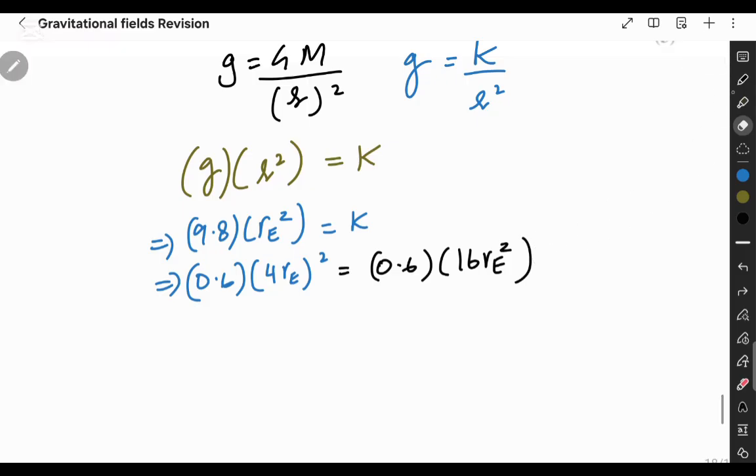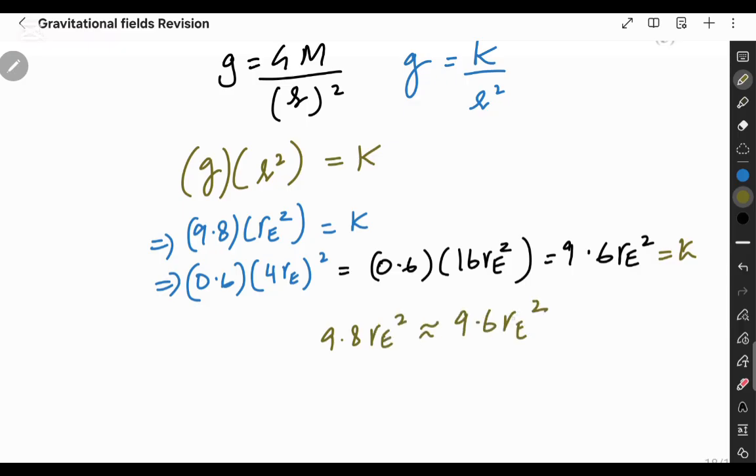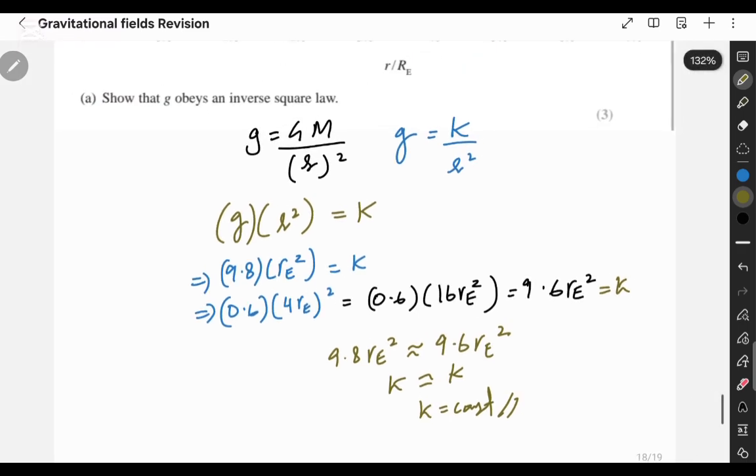When I multiply these two values, I get 9.6 RE squared, which is equal to k. So k is approximately the same in both cases: 9.8 RE squared is approximately the same as 9.6 RE squared. So k is constant, and hence it obeys the inverse square law.